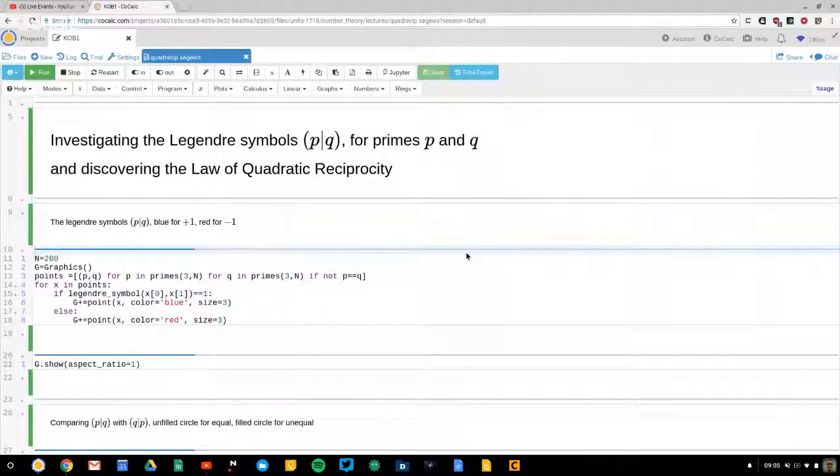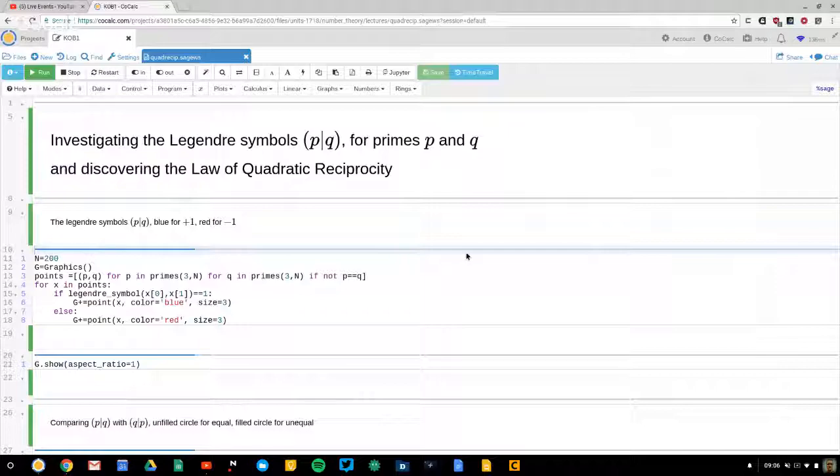And as a way of introducing the law of quadratic reciprocity and encountering what it is, we pose ourselves the general problem of evaluating (n/p).